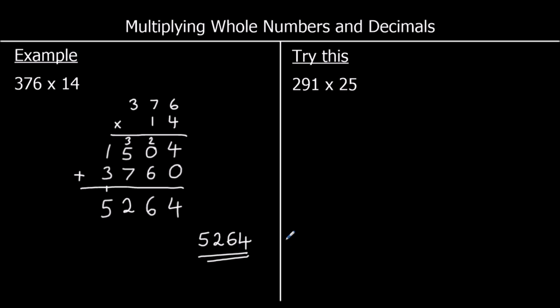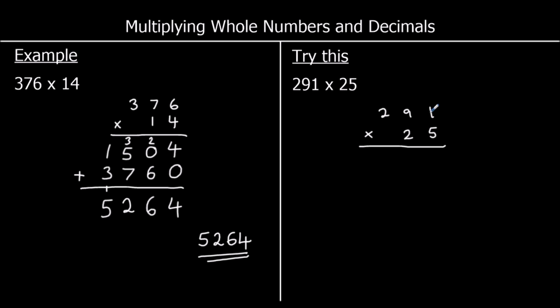Okay, question for you to try. So pause the video, give it a go, and press play when you're ready for the answer. Okay, so let's line up our numbers. 291 times 25. So I'm going to do 5 times 291 first, starting with the smallest column.